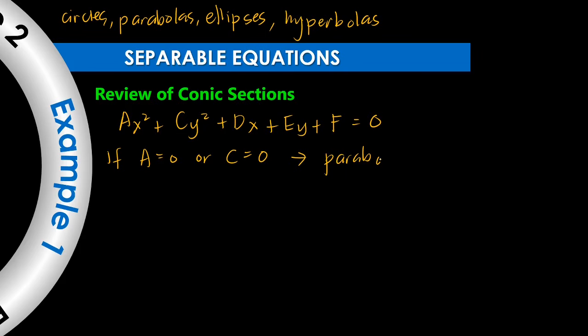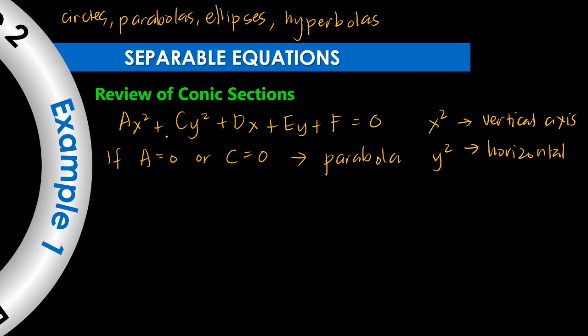The conic section is a parabola. If we have x squared, then the parabola is opening either upward or downward. That means we have a parabola having a vertical axis. If y is squared in a parabola, the axis is horizontal. So once again, x squared, we have a vertical axis. And if y is squared, we will have a horizontal axis.